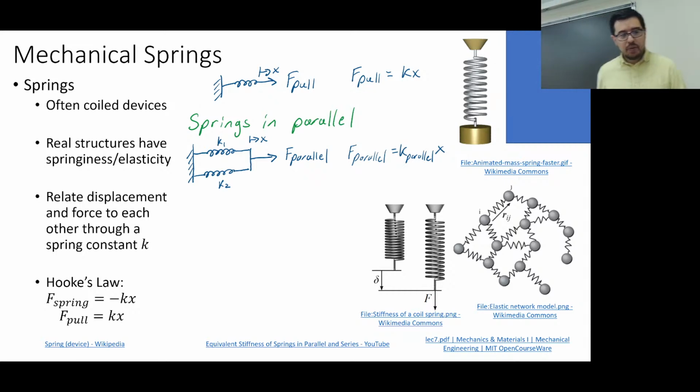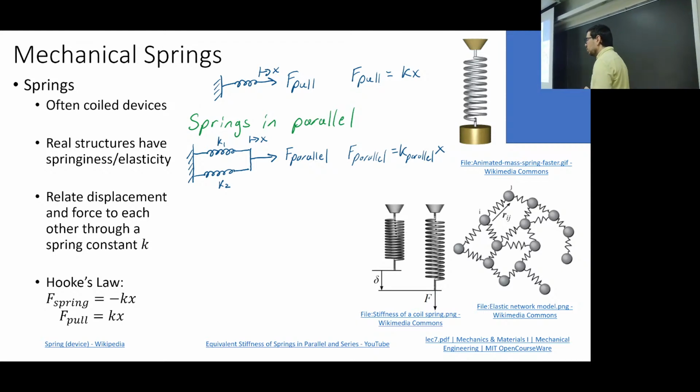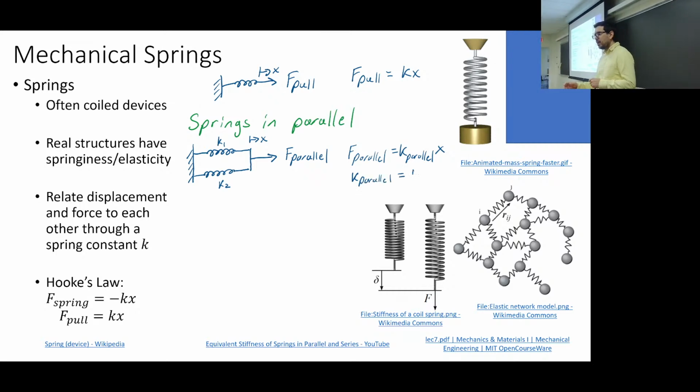If we have springs in series, this is maybe a little bit less intuitive. But remember, I think a day or two ago, we were talking about a cable hanging from the ceiling. If it's the same material and the same diameter, both of those cables will support the same amount of load, because the supportable load on a cable or a bar is related to the cross-sectional area.